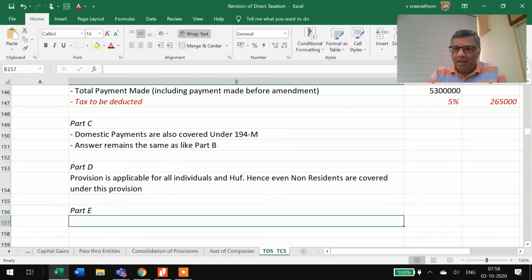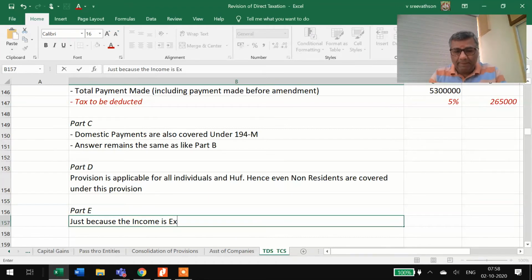Part E. Just because the income is exempt, it cannot be said that 194M is not applicable.